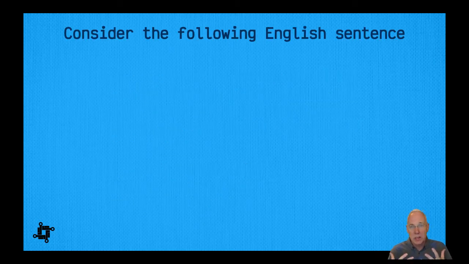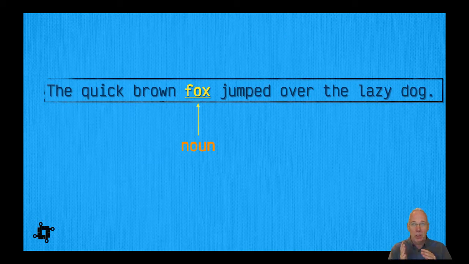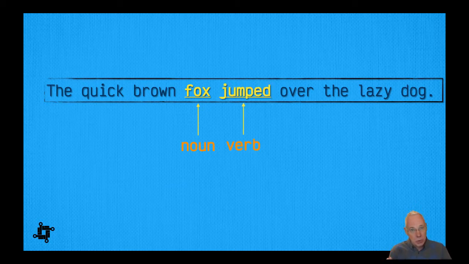So let's consider the following English sentence. In this sentence, we're saying the quick brown fox jumped over the lazy dog. And we can read that and we understand, if we understand English, what this sentence really means. And first of all, in grammar, we learn that, for example, fox is the noun in the sentence. And we also learn that jumped would be the verb.